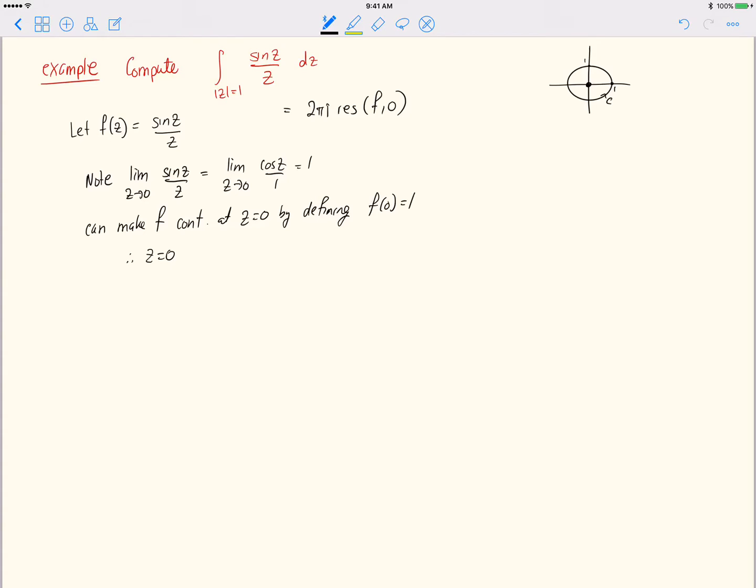Therefore, z equals 0 is a removable singularity. And remember, when it's removable, the residue is 0. So this means the residue of f at 0 is 0. Therefore, the integral along the unit circle of this function is equal to 2 pi i times 0, which is just 0. That's it. Let's have a look at another example.